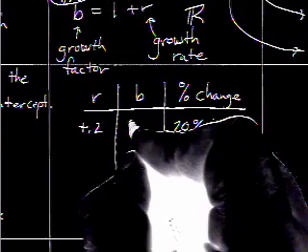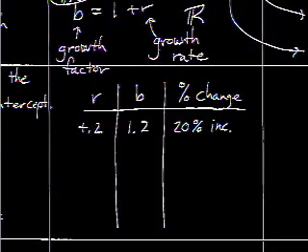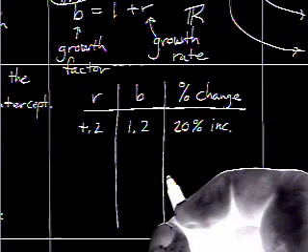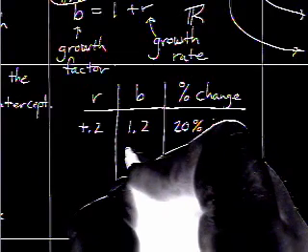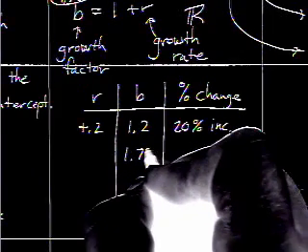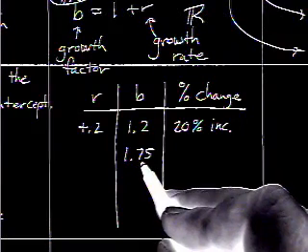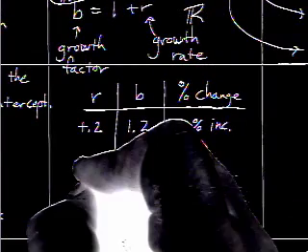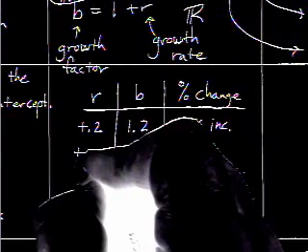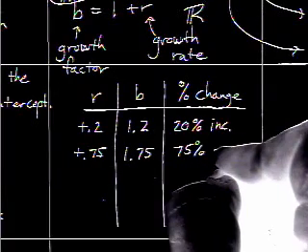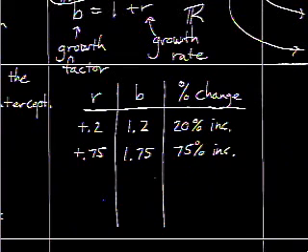And when we add that to 1, we get a growth factor of 1.2. Seems pretty easy. Well, what happens if we have 1.75? Well, as a growth factor, that means that the growth rate was positive 0.75, so that must be a 75% increase.